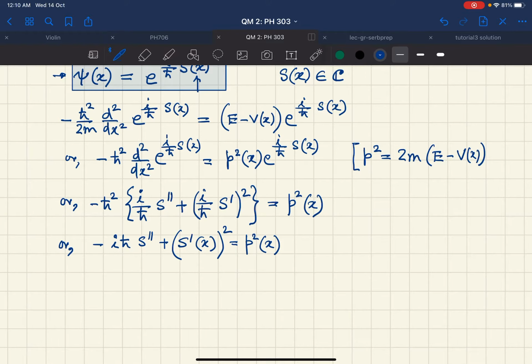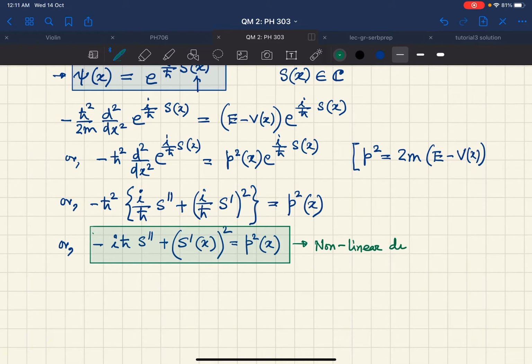It looks simple, but is it really simple? Because if we look at this expression of the Schrodinger equation carefully, the first thing you note is that this is a nonlinear differential equation. Why nonlinear?